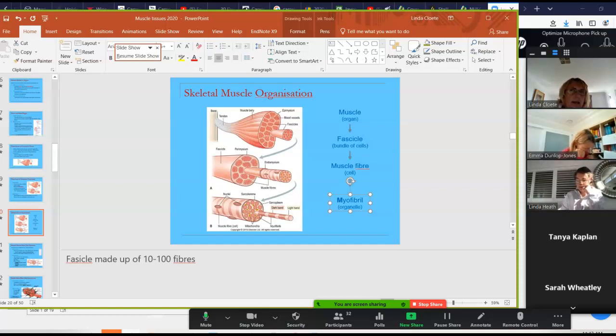We know in other cells the cytoskeleton is minimally contractile, but in the muscle that has become a very functional organelle. So your myofibril is a contractile organelle in muscle fiber that you won't get in other cells.